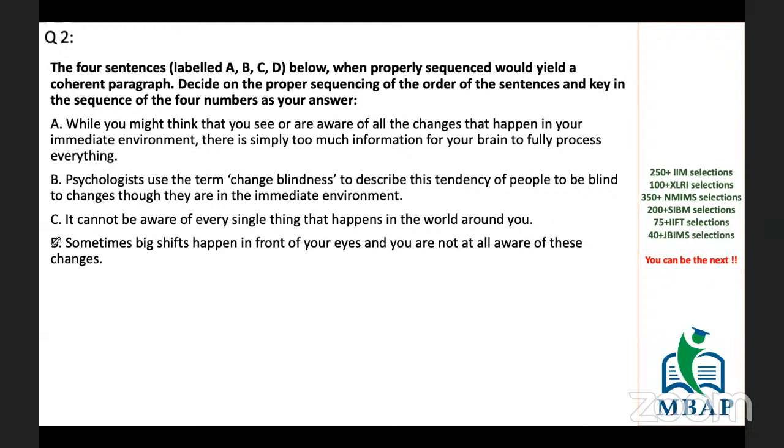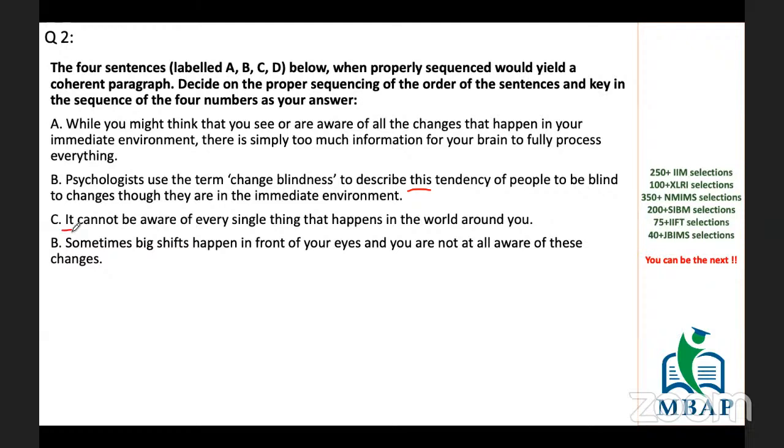Now, let's first identify the first sentence. It is this tendency. So, which tendency are we talking about? True, so pronoun. So, we cannot take this as our first sentence. It can be aware of every single thing that happens in the world. So, who is aware of every single thing? Who cannot be aware of every single thing, right?